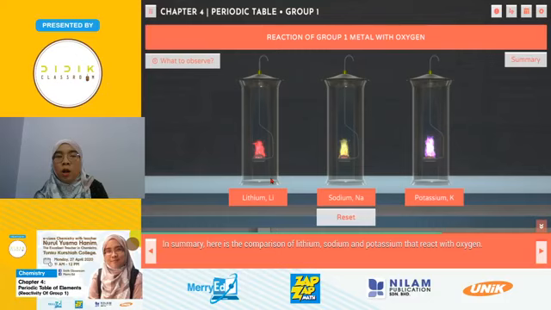And this is the reaction with chlorine. Lithium will react with chlorine to produce lithium chloride. Sodium will produce sodium chloride when reacting with chlorine. And potassium reacts with chlorine to produce potassium chloride. And those chlorides are white solids.